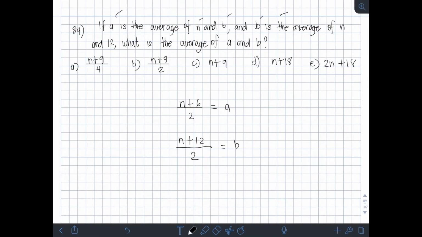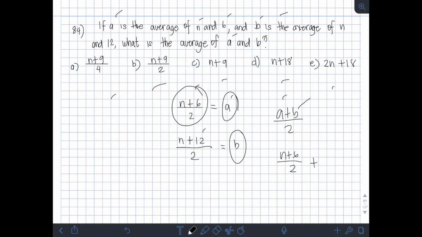So, ang tinatanong is what is the average of A and B? So, in terms of n yung sagot natin dito base sa mga choices, right? So, i-average lang natin tong A tsaka B in terms sa n ng mga values nila. So, A plus B over 2 yung average nila, right? Substitute natin yung A as, eto, n plus 6 over 2, plus substitute natin yung B, eto, n plus 12 over 2, all over 2.